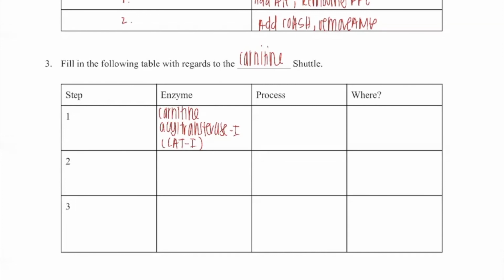So what is happening here? What is happening that this enzyme is needed, okay? In this case, we're going to be transferring the acyl group to carnitine, right? To a carnitine molecule, okay?